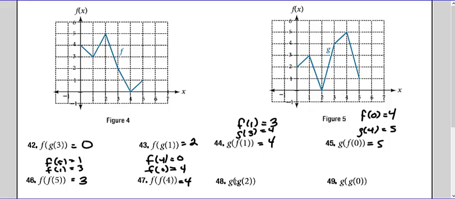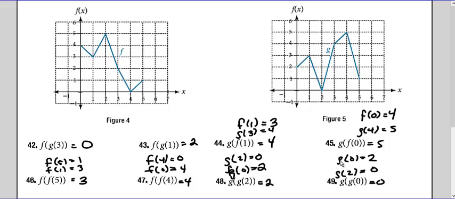Now over to the g graph, we got g of 2. So we do g of 2. g of 2 is 0. And then we do g of 0. g of 0 is 2. And the last one we got g of 0. So g of 0 is 2. And then we do g of 2, which is 0. So it's 0.